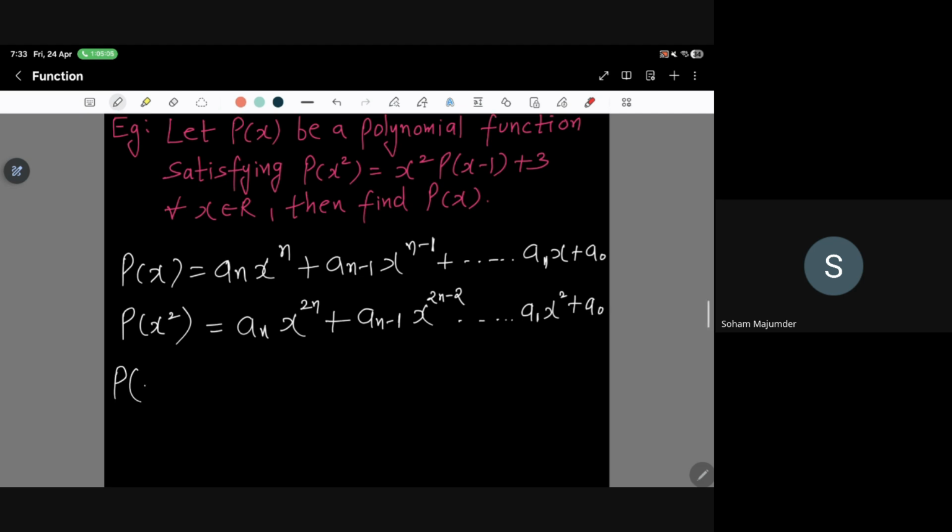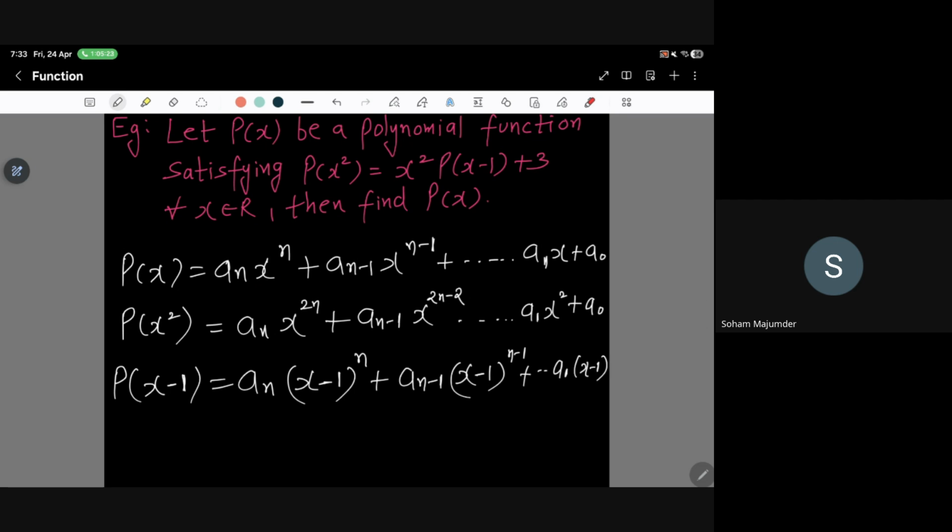Second one is p of x minus 1, so I have to change x with x minus 1, so a_n x minus 1 to the power n plus a_(n-1) x minus 1 to the power n minus 1, a1 into x minus 1 plus a naught, right? But this function is multiplying with x square also, so let's multiply this with x square.